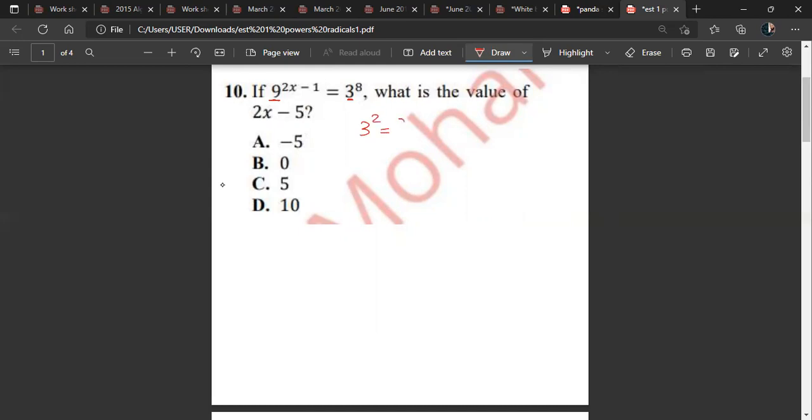So now we can replace 9 by 3 squared. So here you have 3 squared all to the power 2x minus 1, all of this equal to 3 to the power 4.